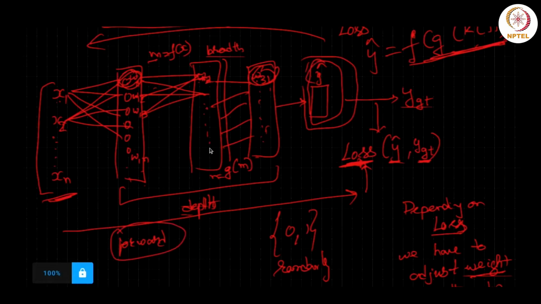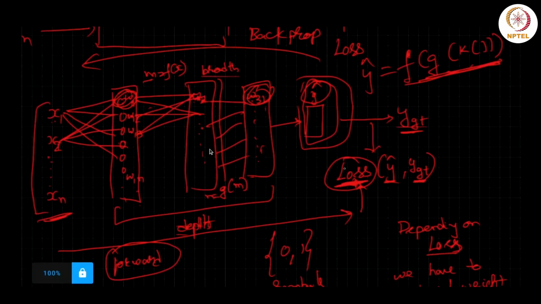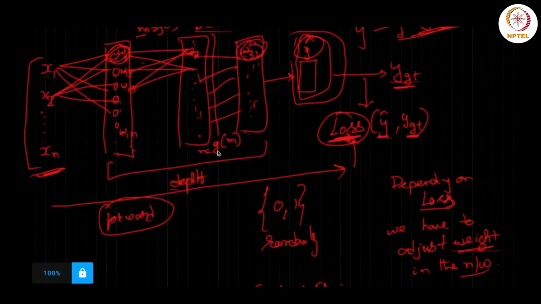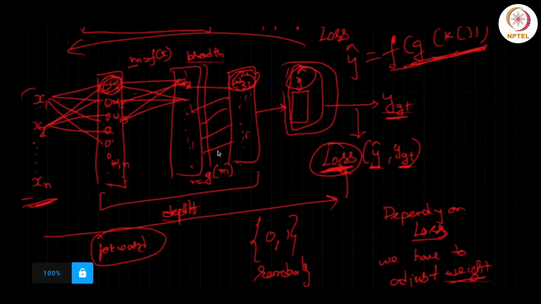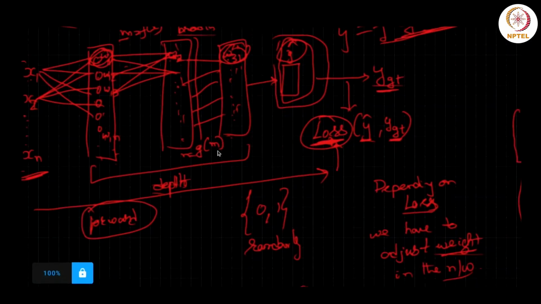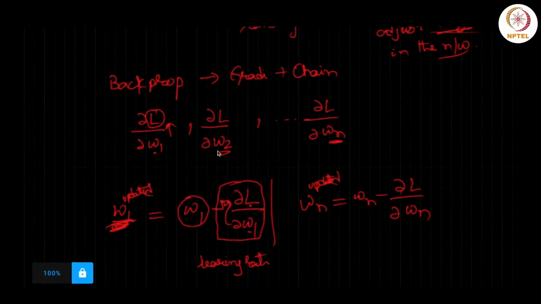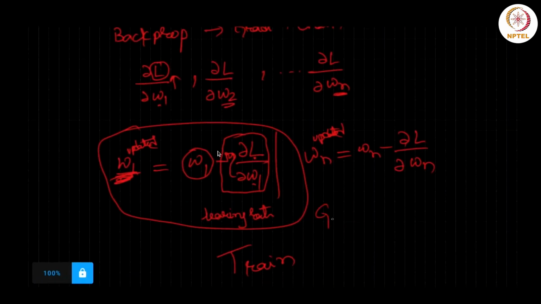Your model makes some prediction y hat, you compare that prediction with the ground truth, and that quantifies your loss. Now using gradients and backprop, you are trying to understand how much each weight contributed to the loss, and depending on that you adjust your network weights using this formula, right? This is what is called gradient descent.